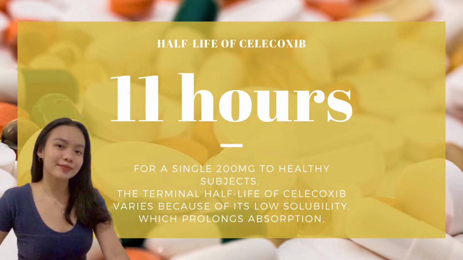The effective half-life of celecoxib is approximately 11 hours when a single 200 mg dose is given to healthy subjects. The terminal half-life of celecoxib varies because of its low solubility, which prolongs absorption.